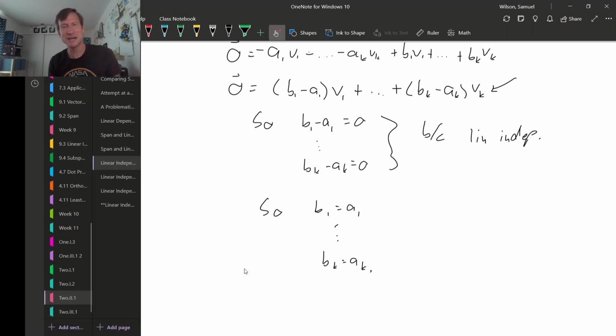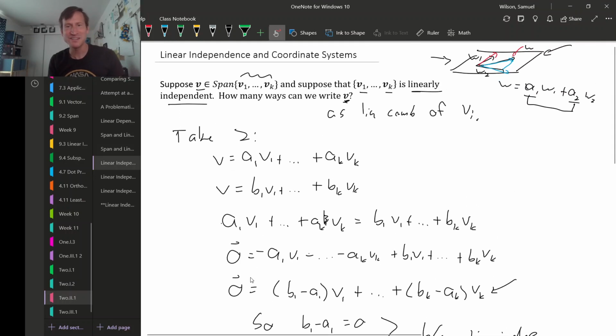So if we go back to where we came from, we had these two ways of writing v as a linear combination of v1 through vk. That means a1 is equal to b1, and so on, all the way down to ak equal to bk. That means that these two ways are actually the same.